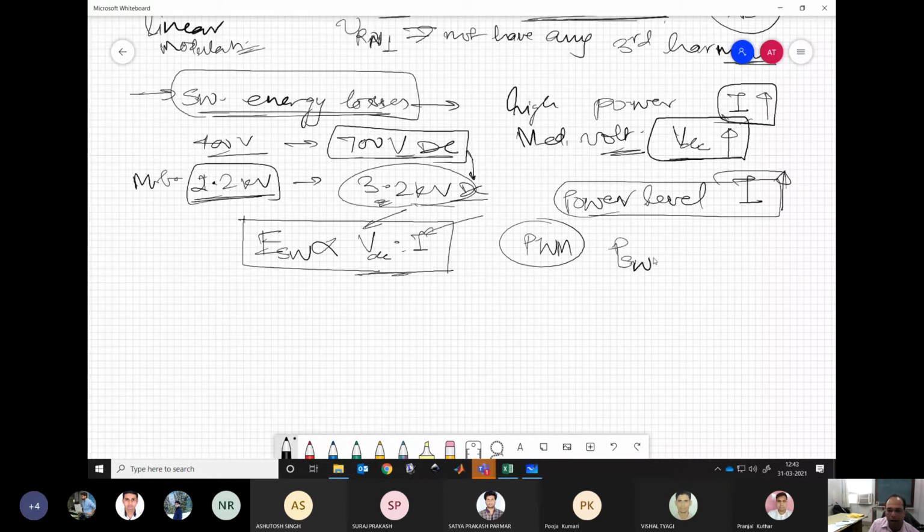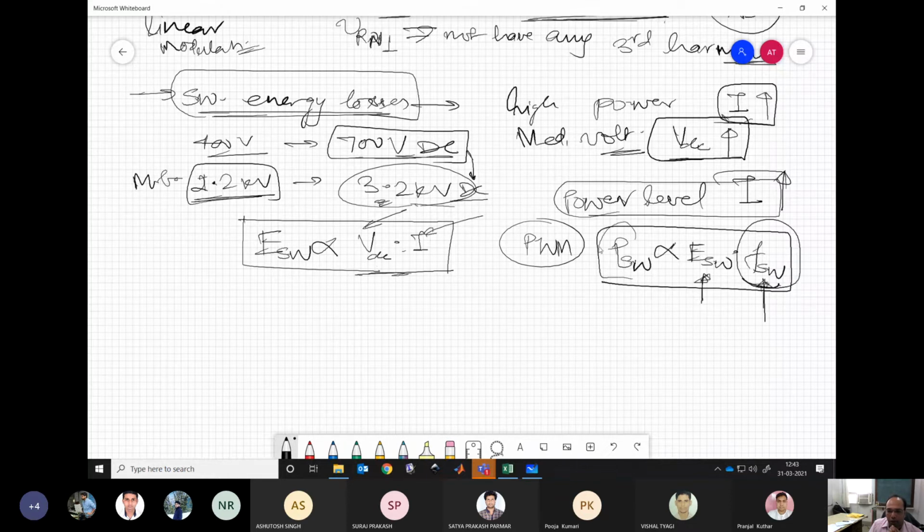Power loss is actually proportional to E switching times the switching frequency. Getting my point? We cannot change the energy loss in each switching, but we can reduce our switching frequency to reduce the switching losses in the system. Is this clear?